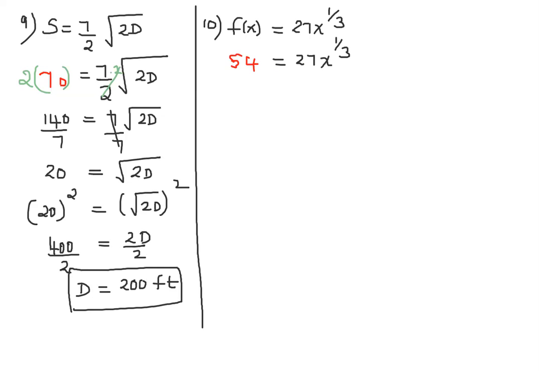So first we have to divide both sides by 27. So it's going to be 2. Now since it's the power 1/3, the cube root, we have to cube both sides.